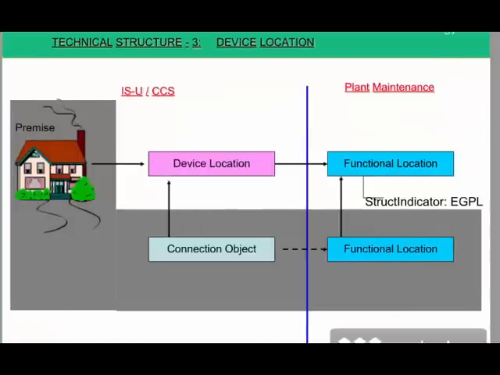Device location is also a functional location in plant maintenance, but the structure indicator there is different for the connection object and device location. Device location is the location where the device is installed.